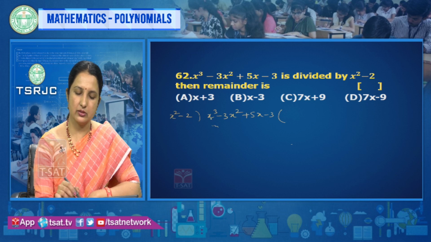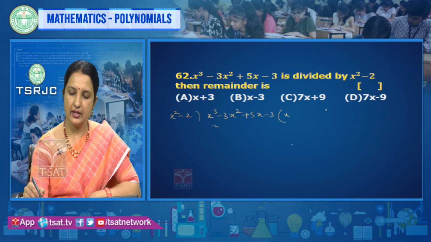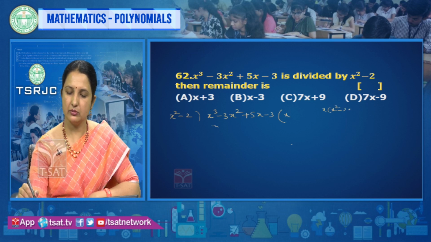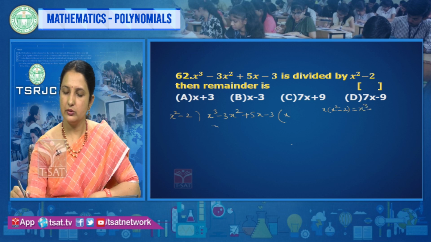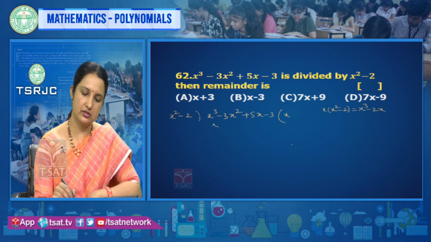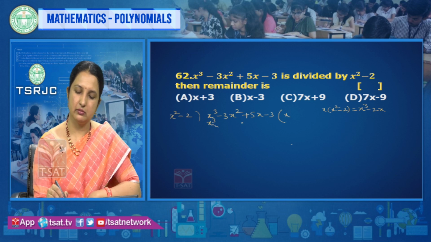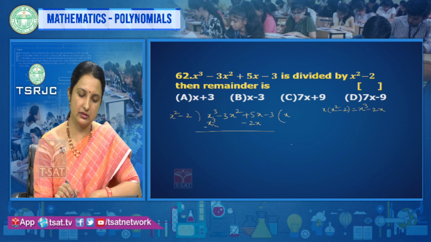When you multiply x square with x, you will get x cube. So multiply these two. What will you get? x into x square, x cube, minus 2 into x, minus 2x. So x cube minus 2x. Minus 2x should be written below the plus 5x only.